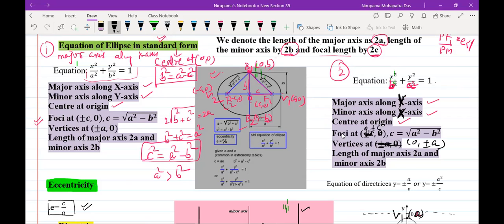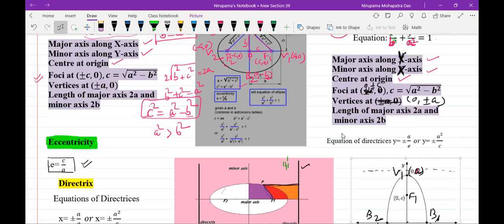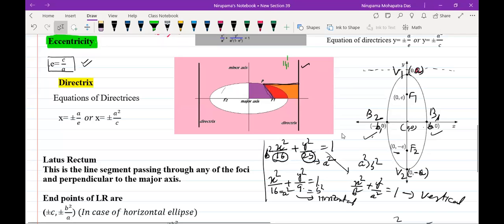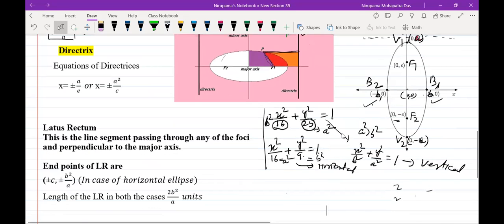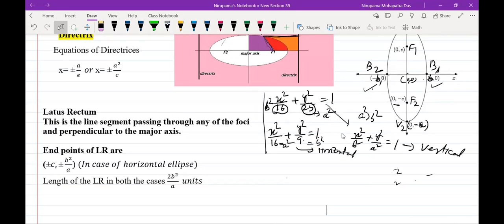Now it is very, very clear, you will not make any mistake. It depends on which is the greater one or smaller one in the denominator. So this is the condition: a square is always more than b square.